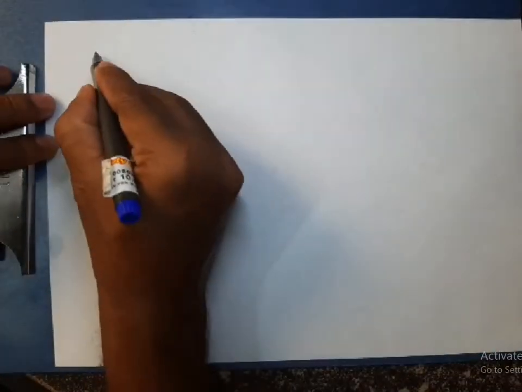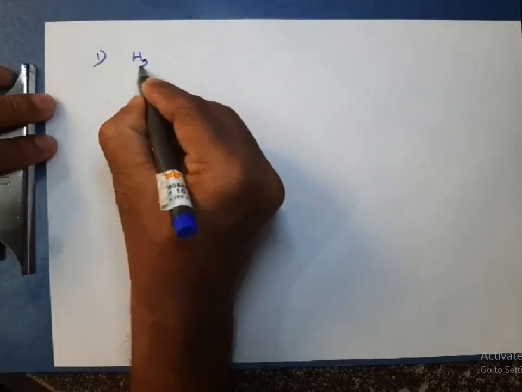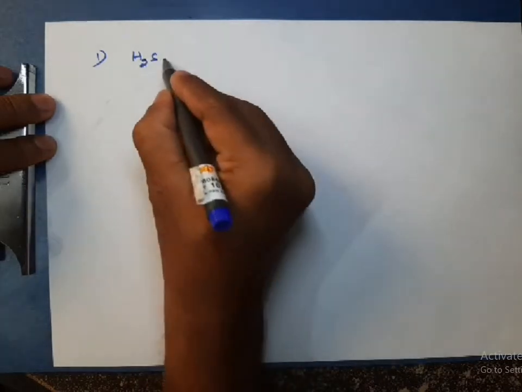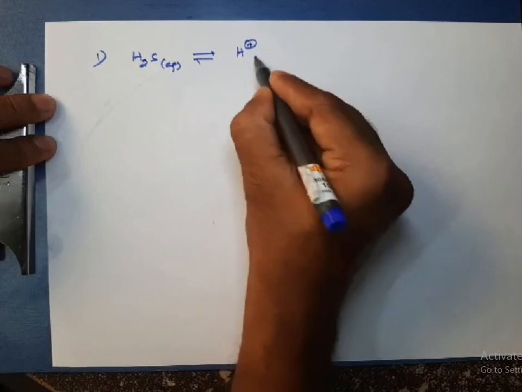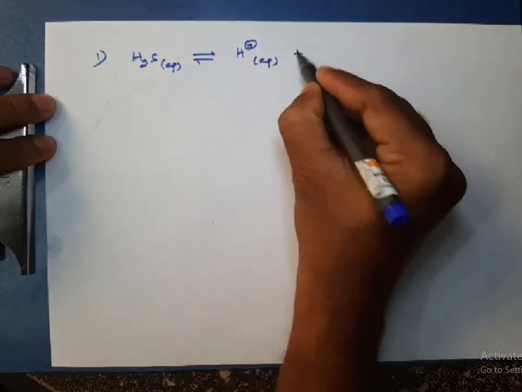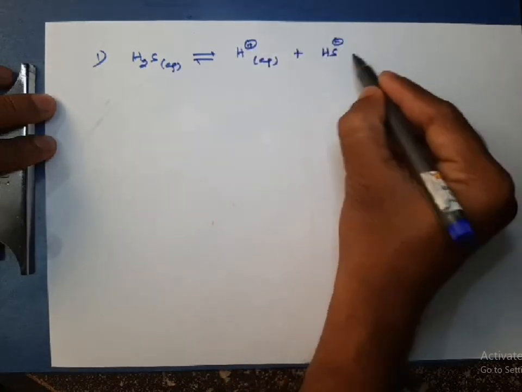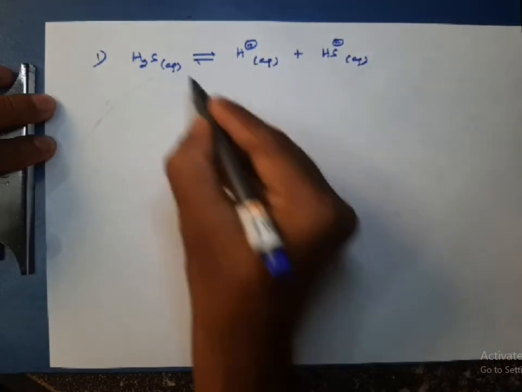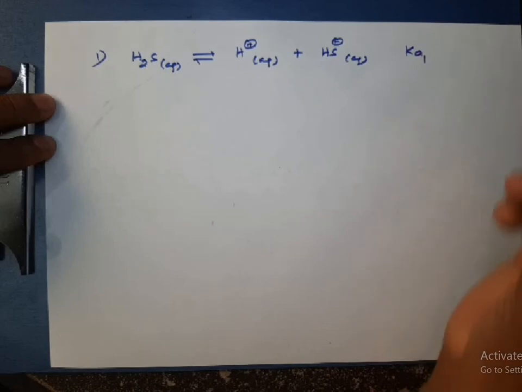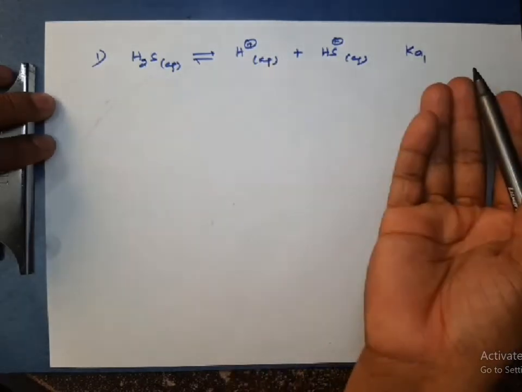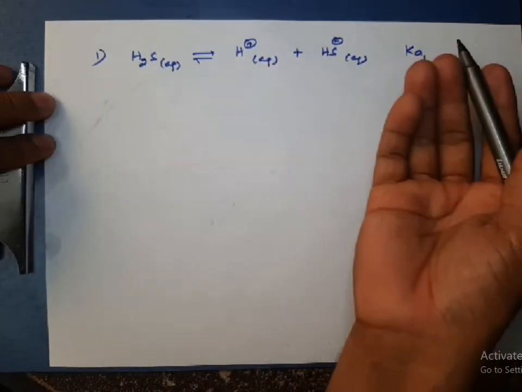Say for example, if we take H2S, hydrogen sulfide, in aqueous medium it will undergo partial ionization and give H plus ion in aqueous medium plus HS minus ion in aqueous medium. For this step, let the ionization constant be Ka1, and this will be around 10 power minus 4 or 5.